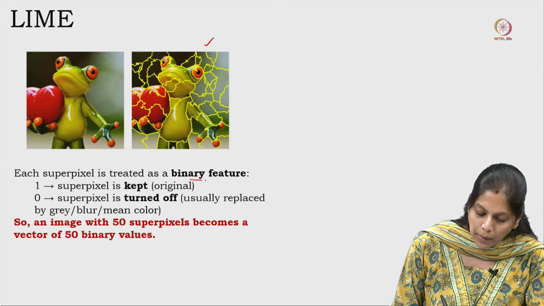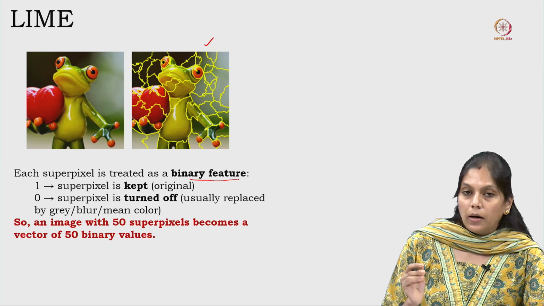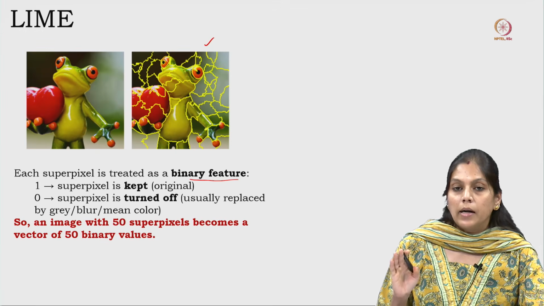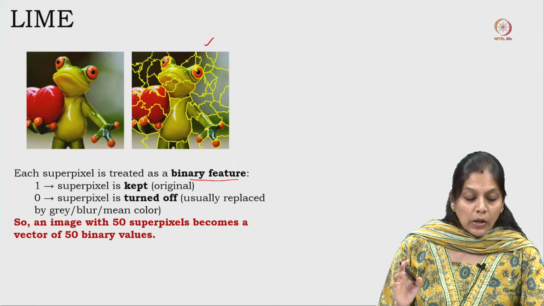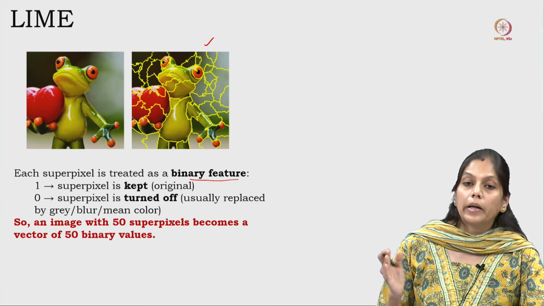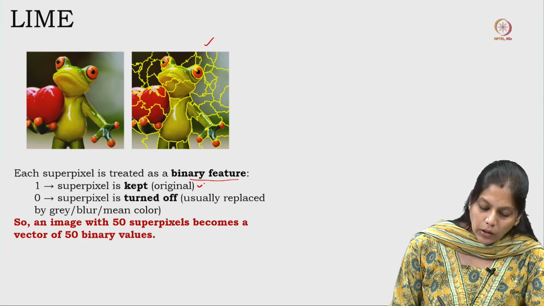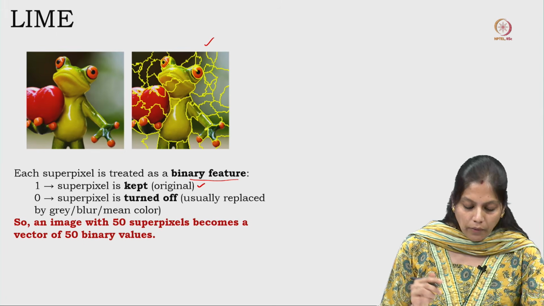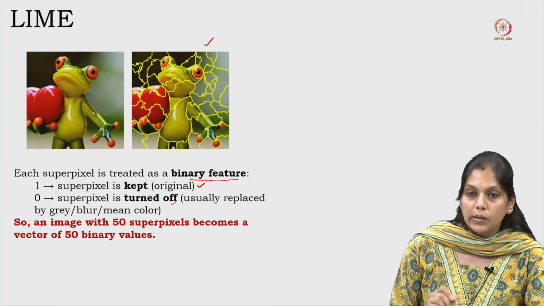Now, what is a binary feature here? In SHAP, some superpixels are kept and some superpixels are masked. So, here also we are going to do that. Those superpixels which we are keeping, we give the value 1, and those superpixels which we are masking, we give the value 0.